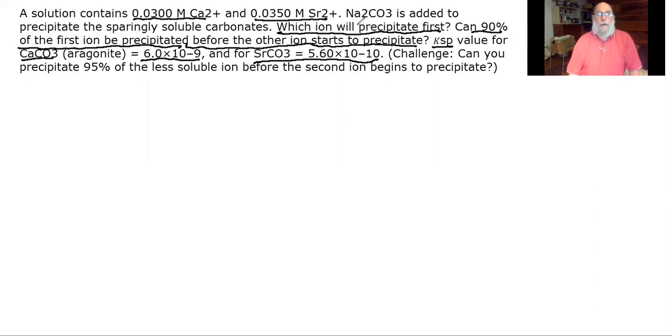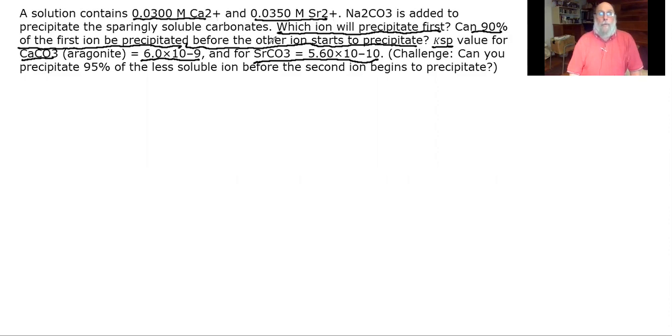So first we need to figure what's going to precipitate first, and since CaCO3, SrCO3, both of those are 1-to-1, so all we have to do is compare the KSP values, and strontium carbonate at something times 10 to the minus 10, it's about 10-fold less soluble than calcium carbonate as aragonite. So strontium carbonate will precipitate first.